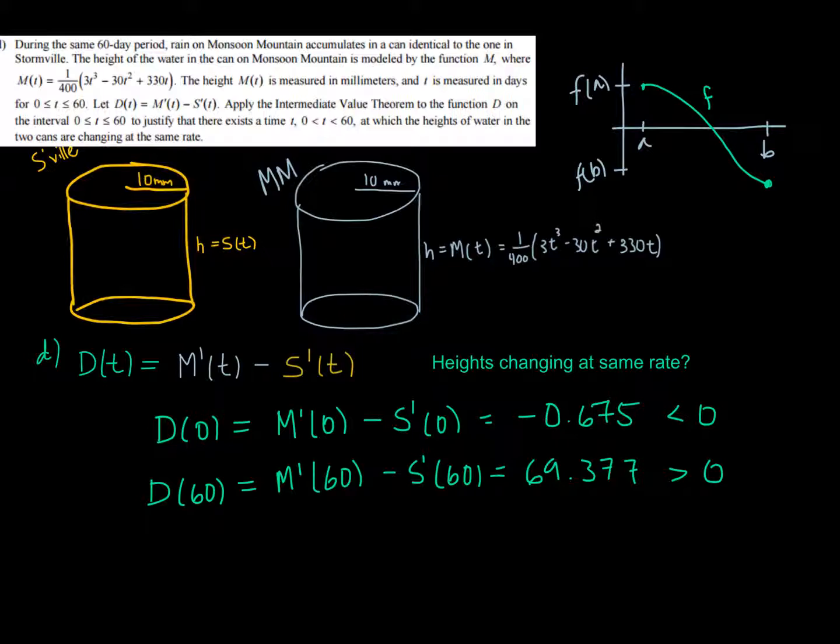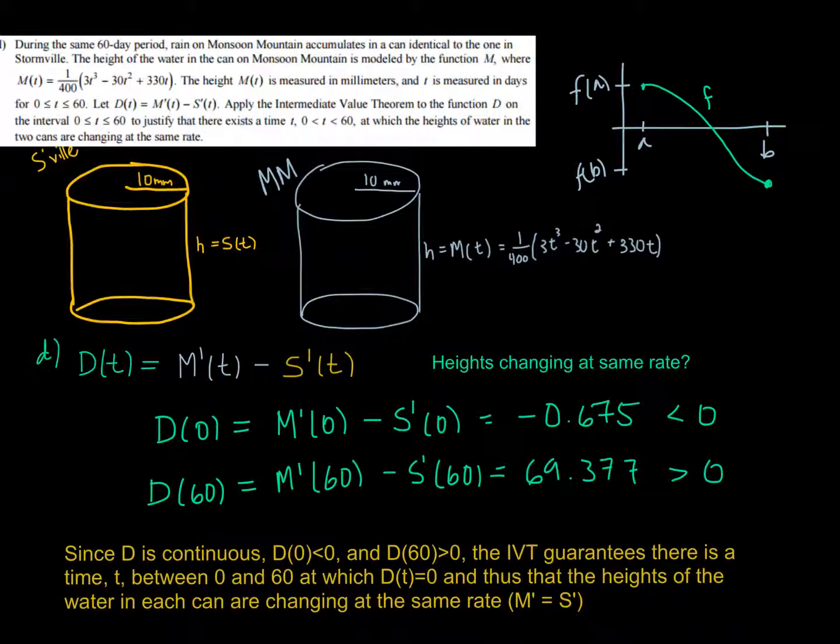So let's sketch out our argument here. We know that this function is continuous, it's less than 0 at the beginning of our interval, and it's greater than 0 at the end of our interval. Therefore, the intermediate value theorem guarantees at some point in between 0 and 60, d of t was exactly equal to 0, and therefore the heights are changing at the same rate at least once between 0 and 60.